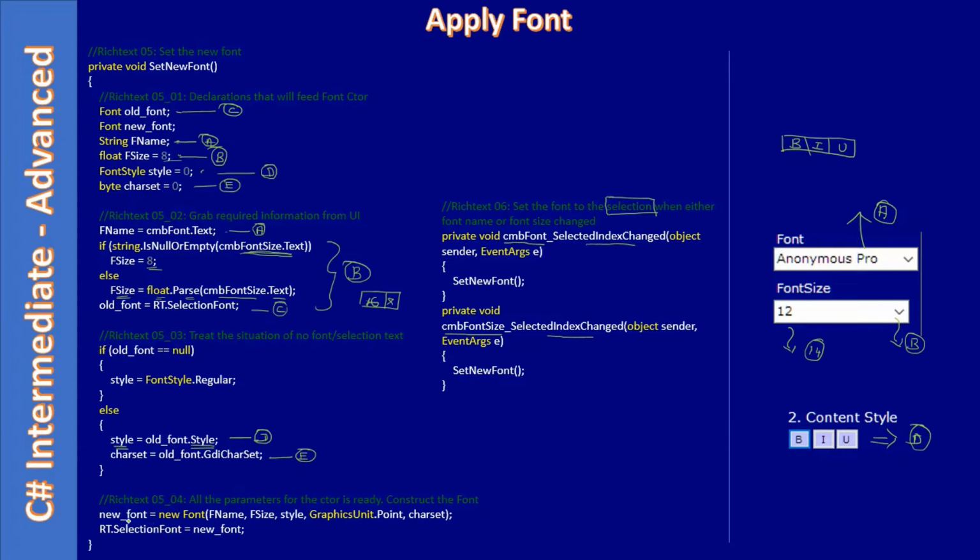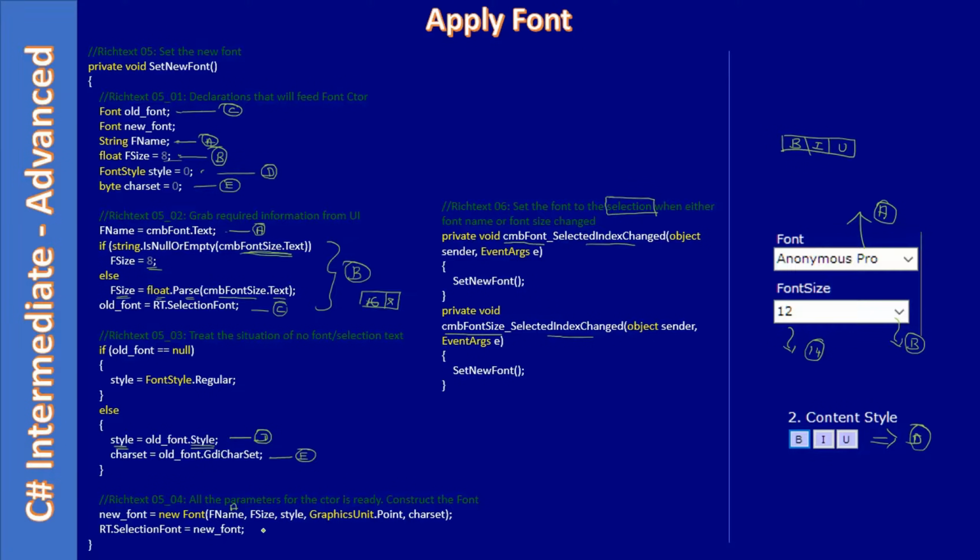Now here we are creating a new font. When we are creating new font, F name, A we are supplying here. A, you know how it was, F name. So a new font constructed with a selected font name A. Here user will specify a font family name, right?